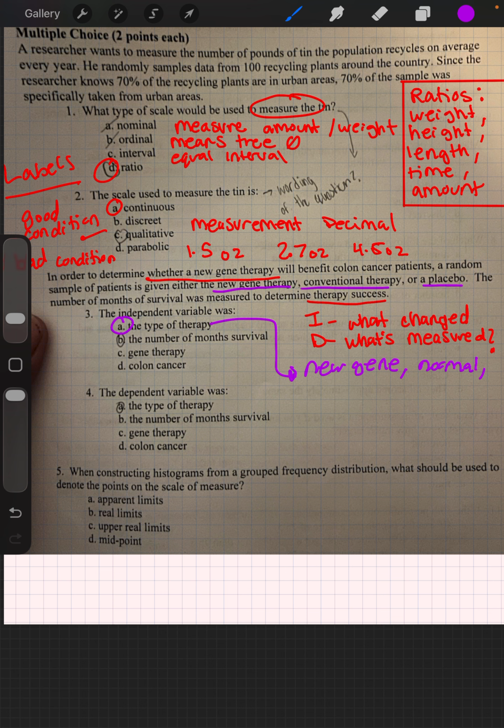The dependent is what's being measured: the months survived, so it could be 3 months, 1 year, or 2 years.